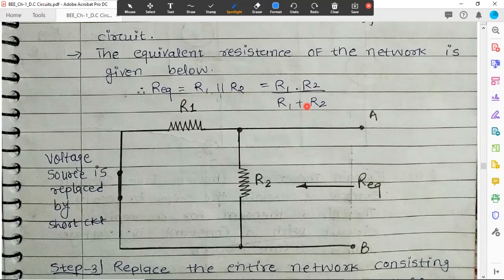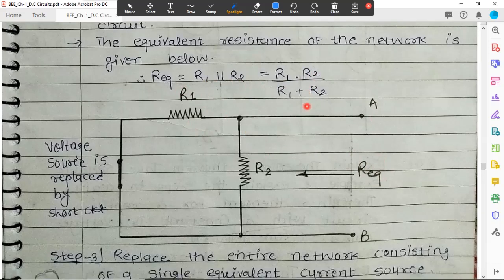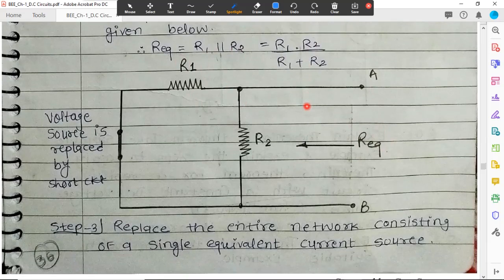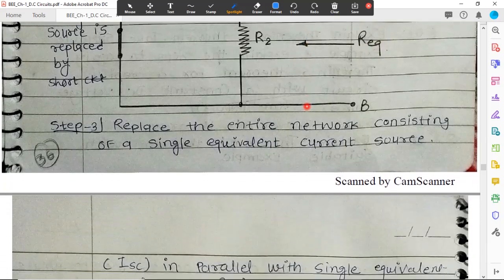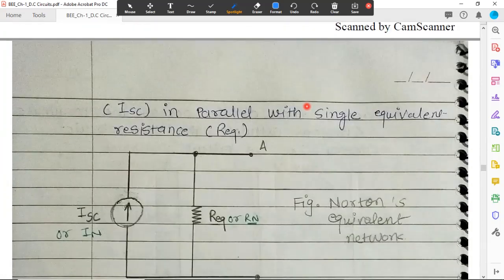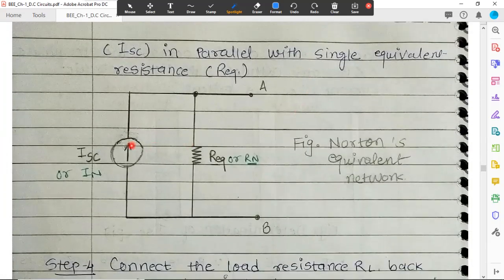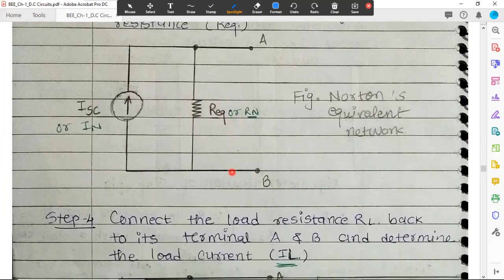Now we have two parameters, equivalent resistance and Norton's current ISC. Now we can draw the Norton's equivalent network as equivalent current source in parallel with equivalent resistance. Now, when we have removed that branch, we can connect this load resistance across this.